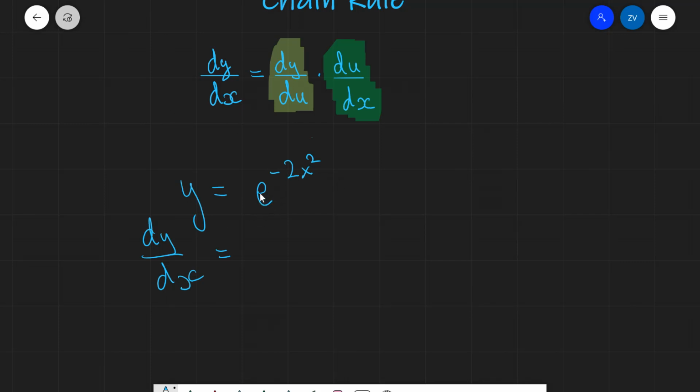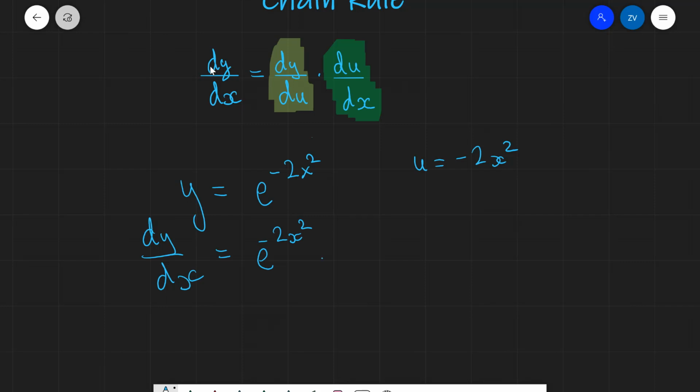Our first function is just e to the u, where in this case u is just whatever has been raised in the exponential, which is minus 2x squared. So we know the derivative of e to anything is essentially that. So this will be equal to e to the minus 2x squared. So this is our dy by du.